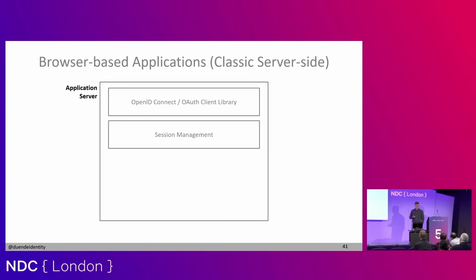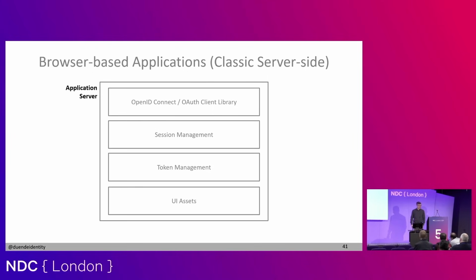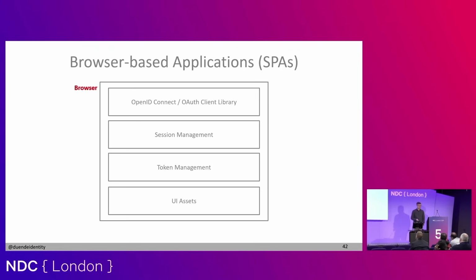We're getting back to that. And we need something for token management. There are open source alternatives. Duende maintains some of them for .NET, but there are other alternatives as well. And we have the UI assets. And in a classic server-side application, all of this lives on the server, and it's fairly simple. Then we have browser-based applications, single-page applications, where all of this lives in the browser.